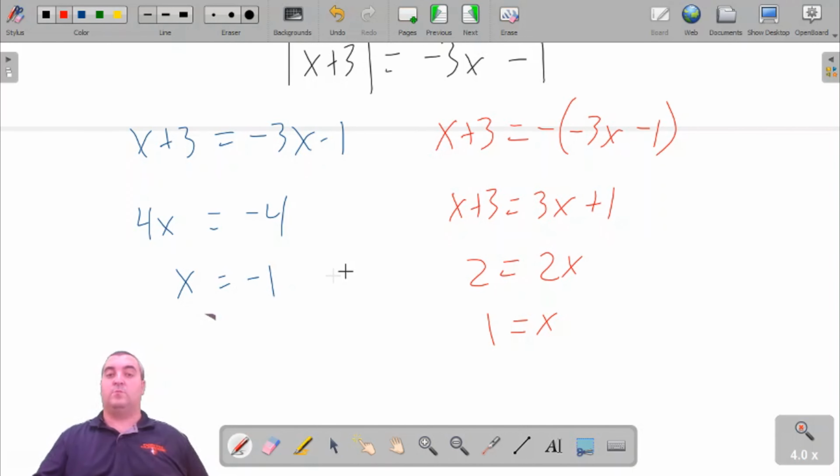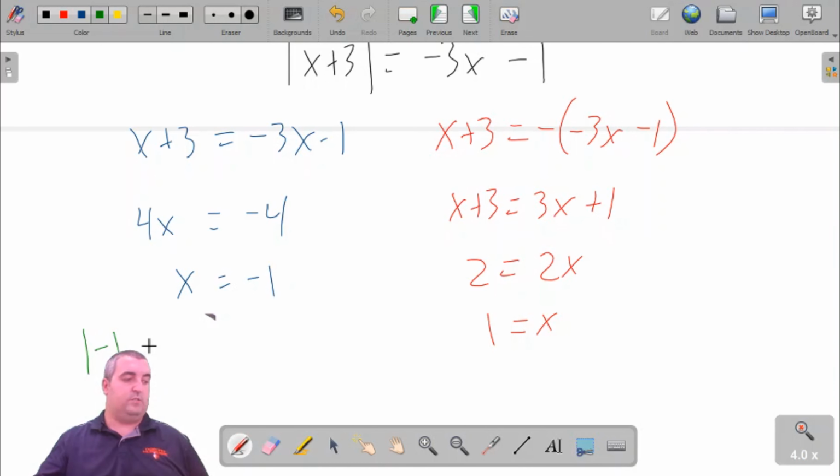So now this is where you can get in trouble. If you just say, oh, these both are my answers, you'd actually end up being wrong. And I will show you why when we do our substitution. So for our substitution, we'll do this one on the left here. Let's substitute in -1 into the original left side of the equation.